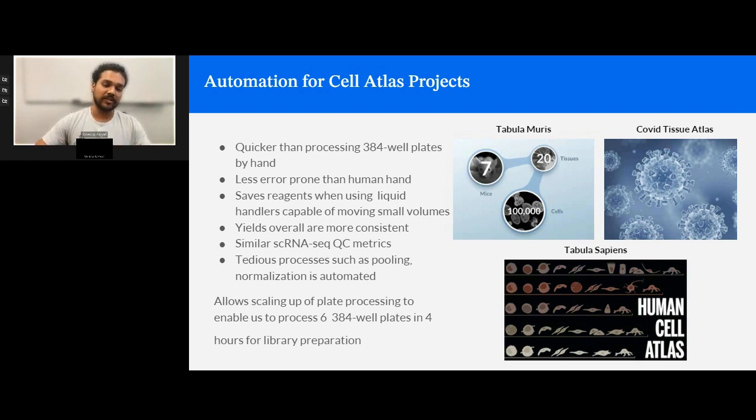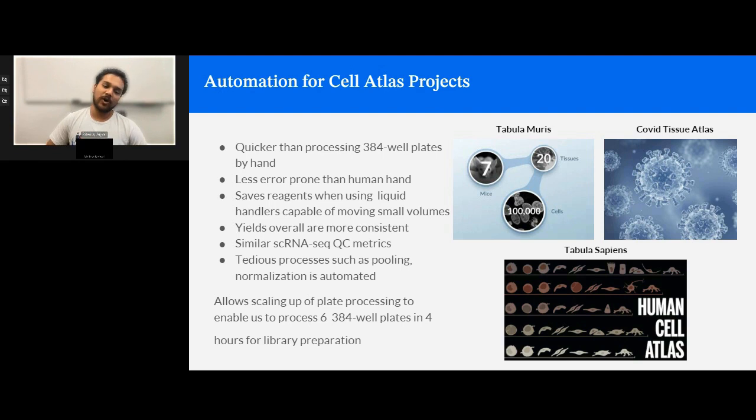Considering one of the single-cell workflows that was talked about in this presentation, this particular workflow allowed us to generate more consistent libraries when using automation. The libraries generated using this automated workflow had similar RNA-seq QC metrics, which tells us that the library quality is comparable between automated libraries and the manual libraries.